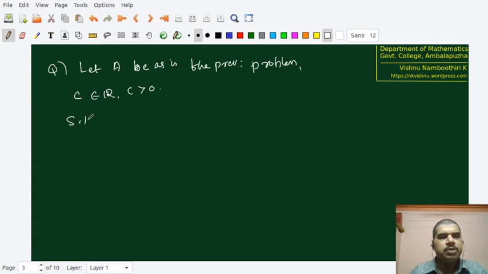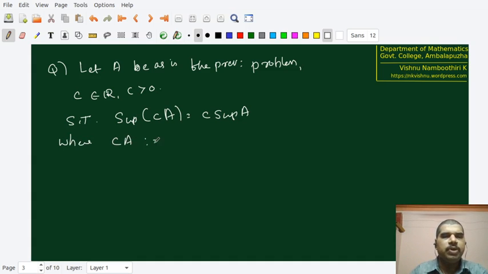The question is, show that supremum of CA equals C times supremum of A, where CA is defined to be the set of all elements of the form Ca, where a belongs to capital A.